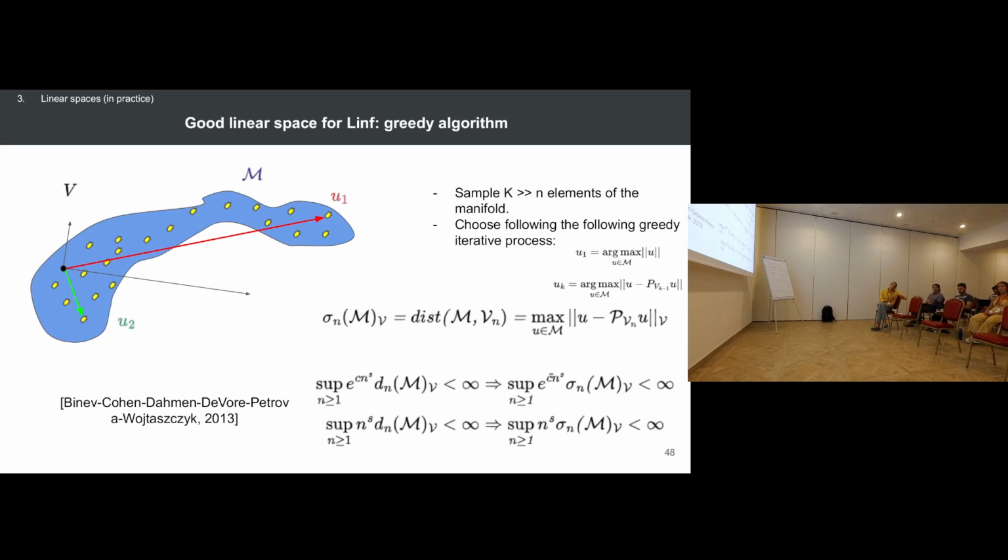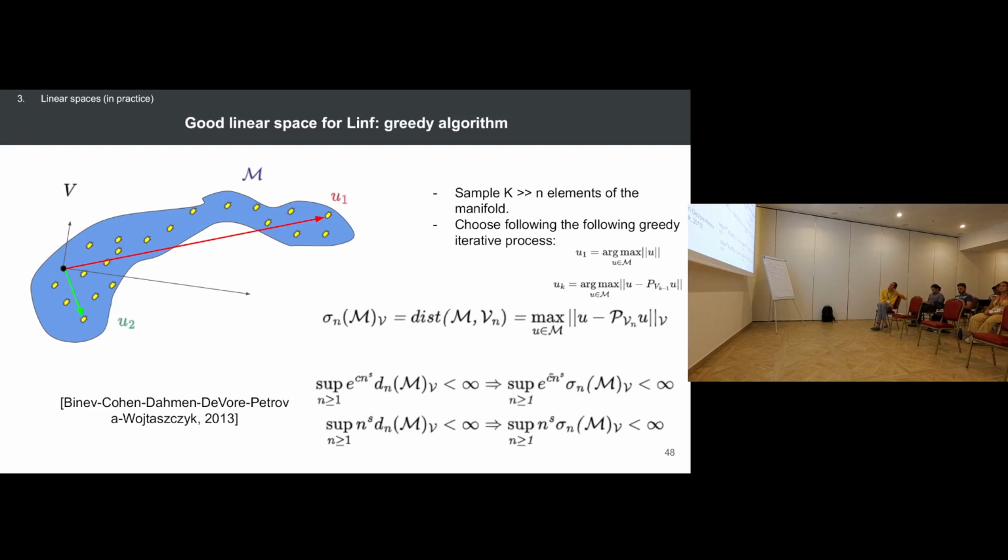Forward problem is I give you the parameter of the differential equation, you get the solution. So this you can do with your finite element solver. It's slow. You don't want to do it a lot of times, but here we are just saying I need n elements of the manifold, but I would like to evaluate a capital K that is greater than n.